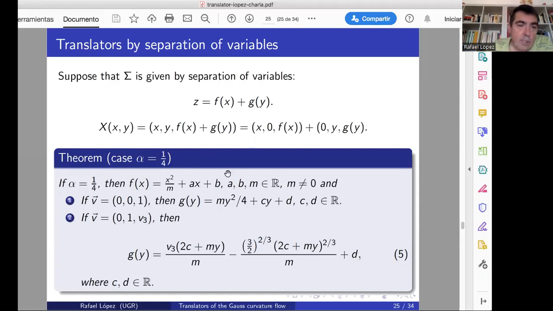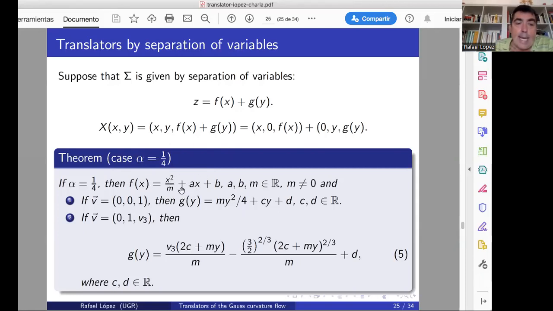Then our results are the following. When alpha is 1/4, remember it's a special case because all denominators are cancelled, then the parametrization of the surface is the following. We can change the role of f and g. Then f is a polynomial of degree 2, it's a parabola.